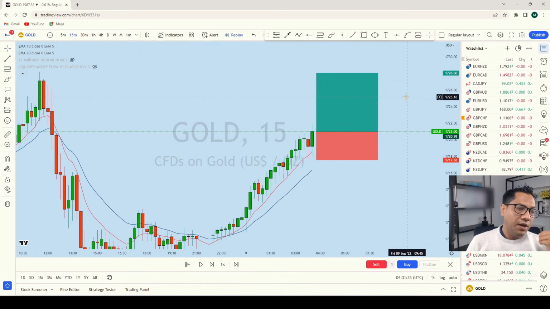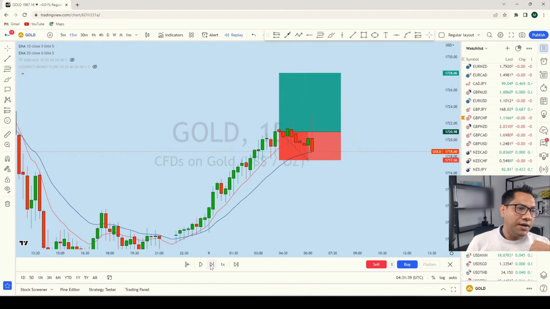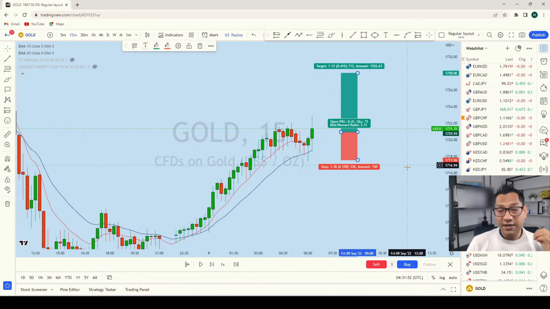In fact, now what happened next? Look, the market has gone up a little bit and then has come back down and then hit your stop loss.